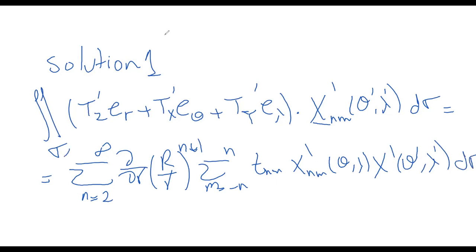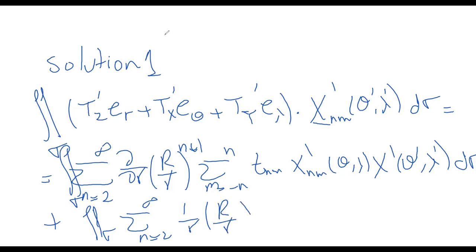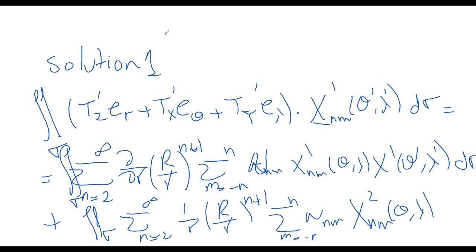And I have the integral behind as well. And plus the other term, I have again the integral here, and it was 1 over r^(n+1). Again, oh sorry, it should be n, m, and it's x_nm2(theta, lambda) and x1(theta, lambda).